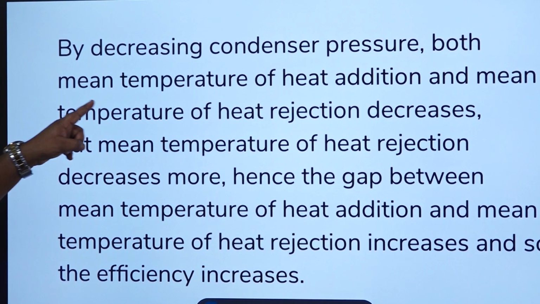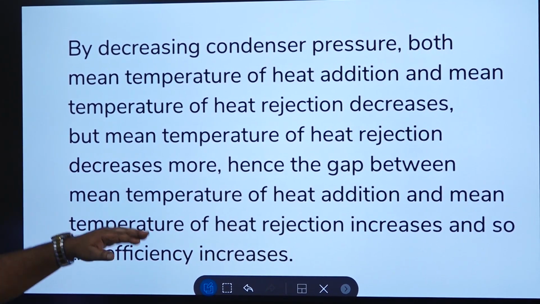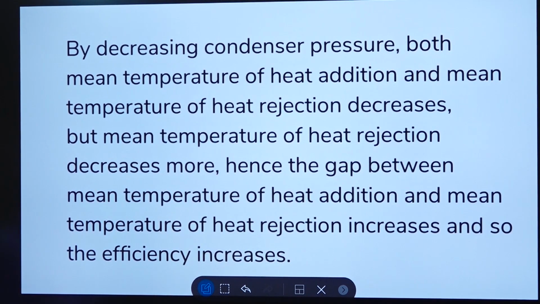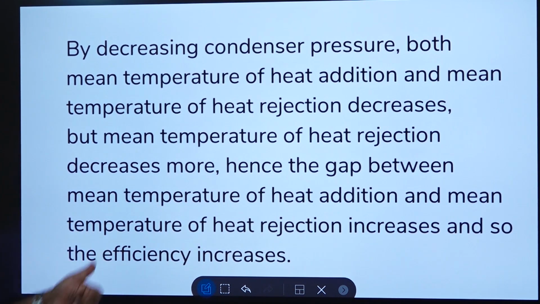By decreasing the condenser pressure, the mean temperature of heat addition as well as heat rejection decreases. When it decreases further, the gap between the mean temperature of heat addition and the mean temperature of heat rejection increases. It is on the denominator side, and the numerator side will be the same, but the efficiency will increase.